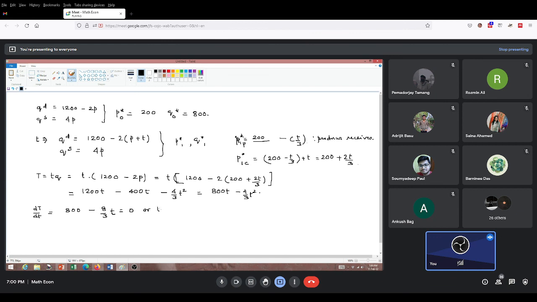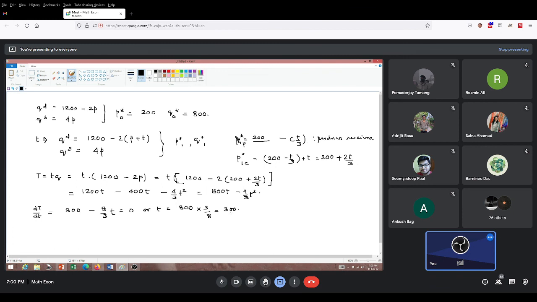So t is 100. So this is the tax rate. Tax rate means per unit you have to pay an amount of 100.